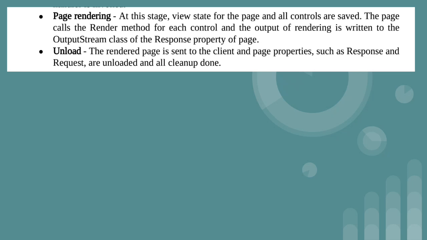It is not the case that only one label is used as output; the other controls are also considered while giving the output. So in page rendering we make use of one method, that is the Render method. We are going to learn many events, and this method is among them. The Render method for each control is called, and the output of the rendering is written to the OutputStream class, because of which the Response property of the page is set.